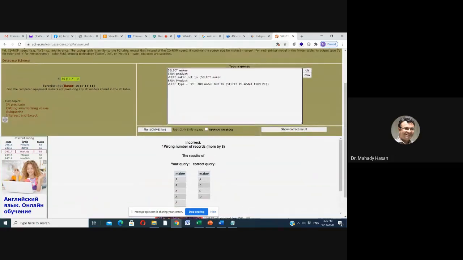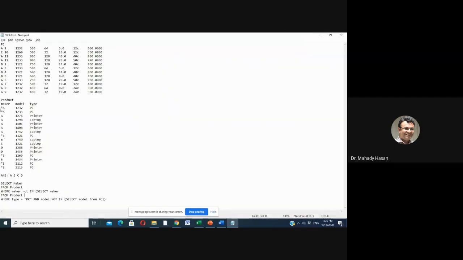Oh, that means what? That means if I just have one copy of each of these makers, then it will be okay, right? So to do so, I need distinct. The reason why, you can see PC is appearing for PC this 1, 2, 3, 4, 5, 6, 7, right?